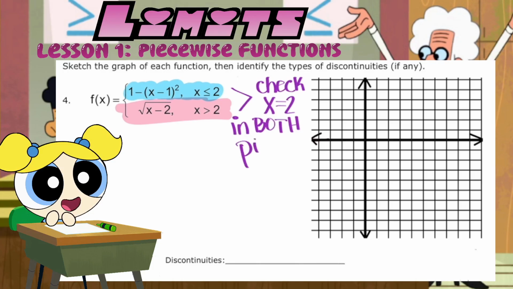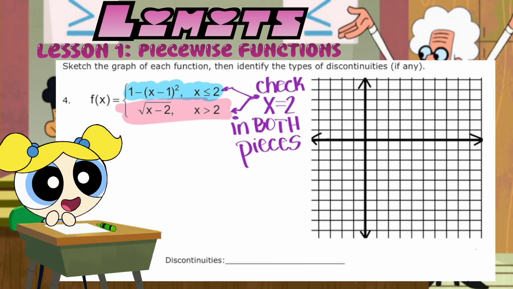I was going to say equations, but in both pieces. This doesn't look so good because it looks like a greater than sign, so I'm just drawing arrows. Okay, so we're going to check x equals 2 in both pieces.